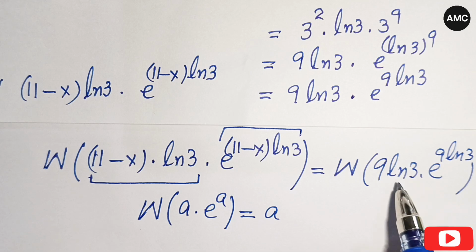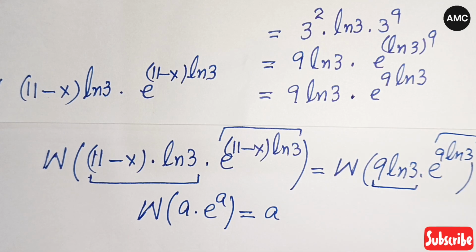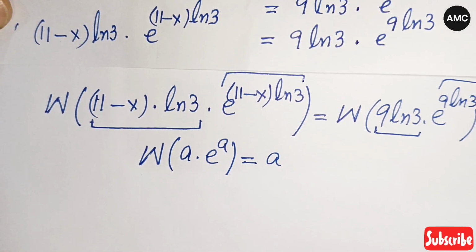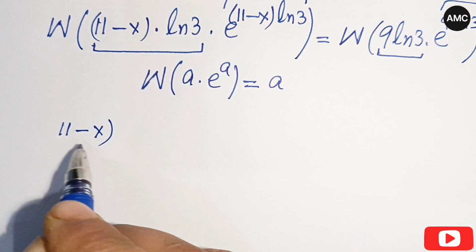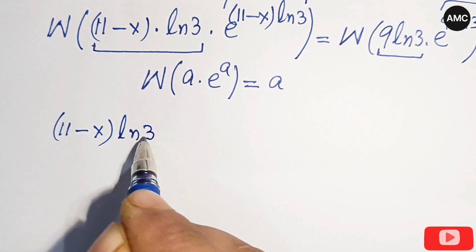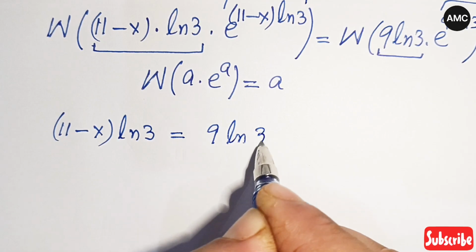Similarly on our right hand side, we have 9 natural log of 3 and 9 natural log of 3. So applying the Lambert W function, we get 11 minus x times natural log of 3 is equal to 9 natural log of 3.